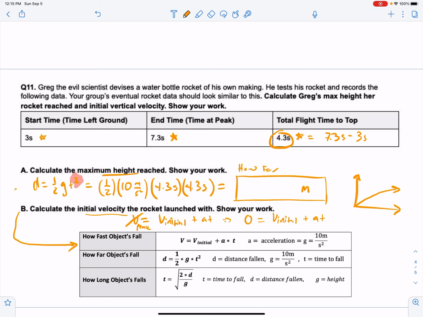Okay? And so we manipulate this a little bit. We subtract the initial velocity on both sides. Okay, we say negative v initial equals a times t.